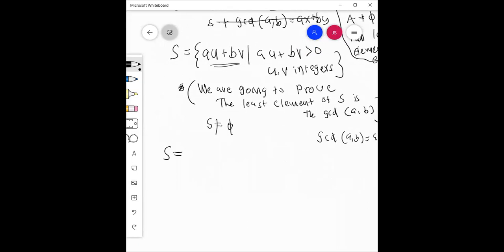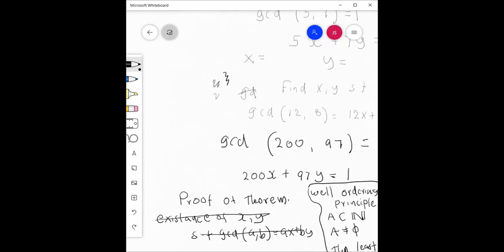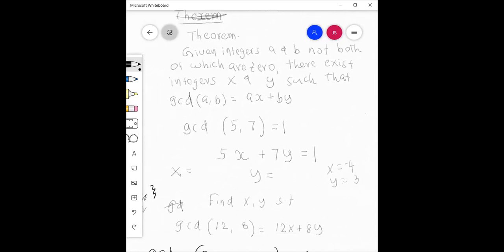What is the best way to prove S is non-empty? You can use several methods, but the easier way is to substitute U equal A and V equal B. Then AU plus BV is equal to A squared plus B squared. Can it be 0? No, because in the theorem we are given integers A and B not both 0.